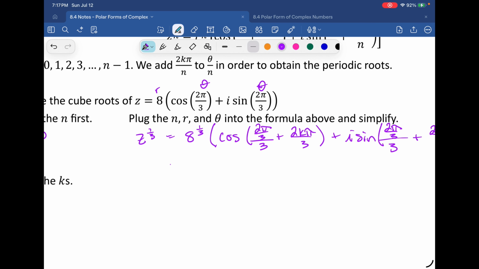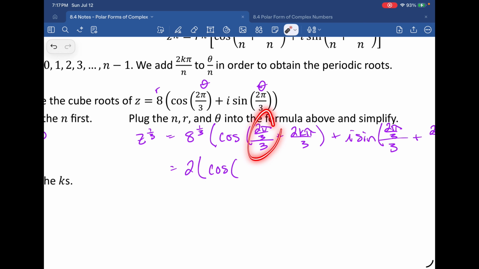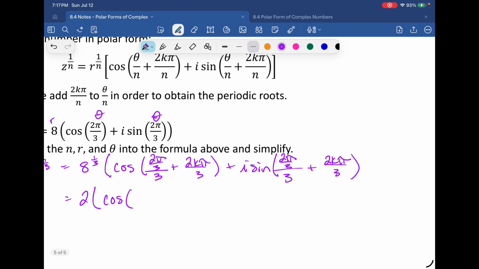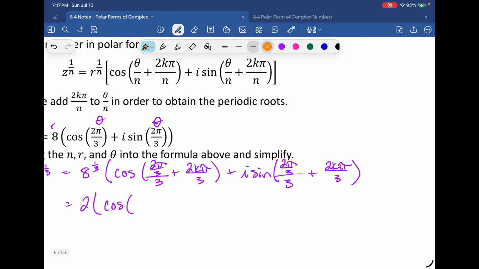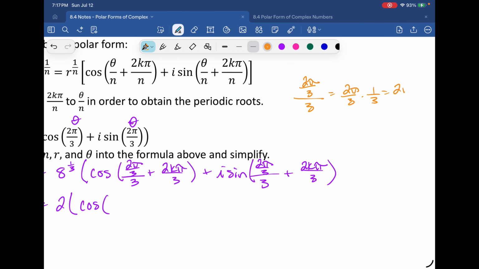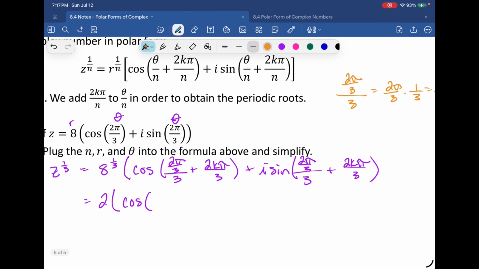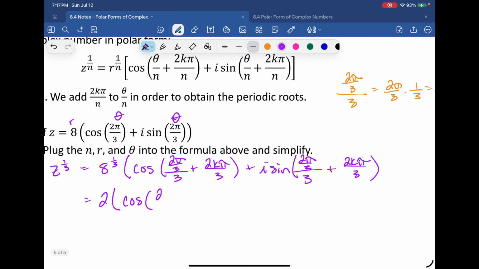And then we'll reduce. Cube root of 8 is 2. 2 pi over 3 is the same as taking 2 pi over 3 and multiplying it by 1/3. So this is 2 pi over 9. This doesn't simplify yet.